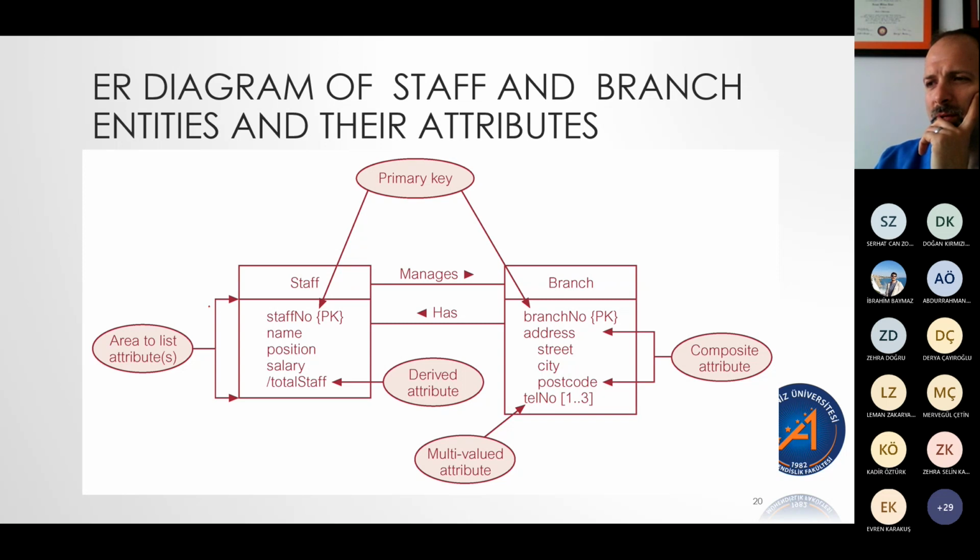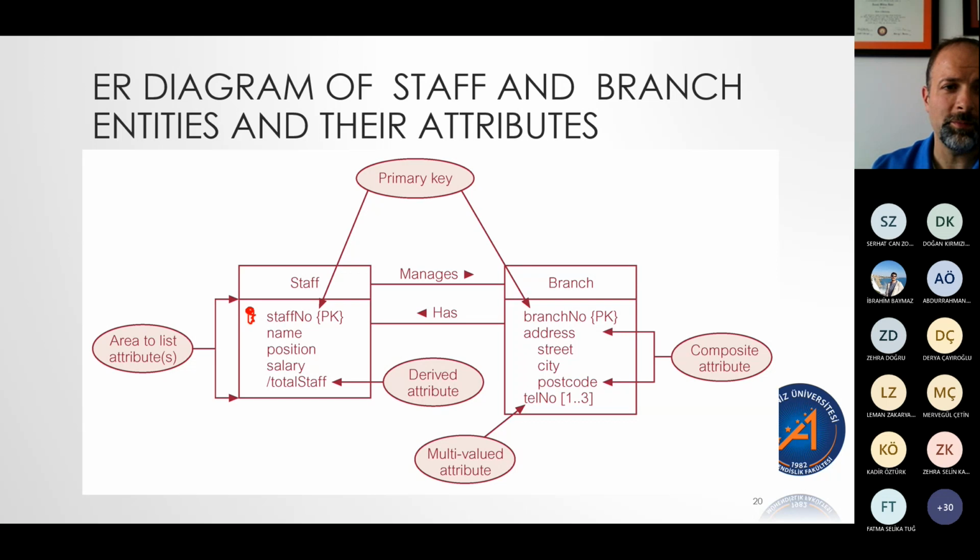I will try my best to draw one here, but usually it looks something like this, a little circle with teeth on it, letting you know that this is the primary key for this table.